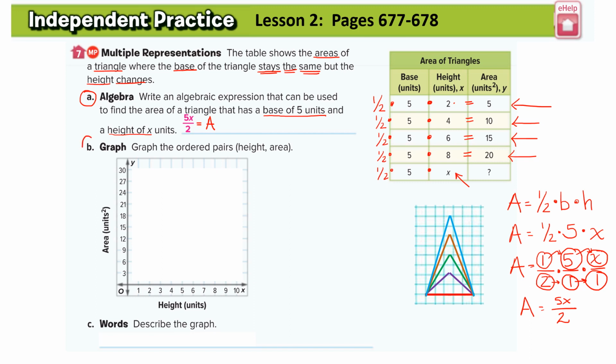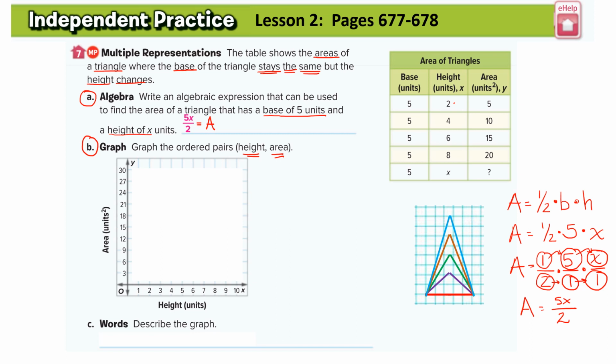All right, question B, graph. Graph the ordered pairs, height and area. Now I'm going to erase again, so give me a sec here. They just want us to graph the area and the height. Now they listed height first, so height is going to be my x, and then area is going to be my y.